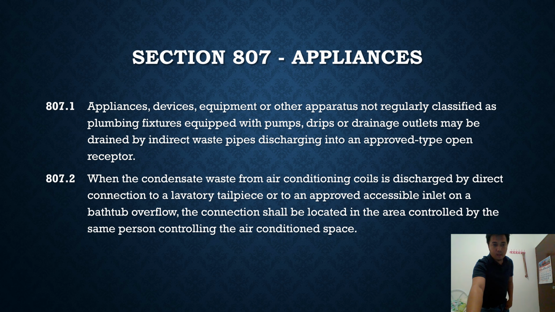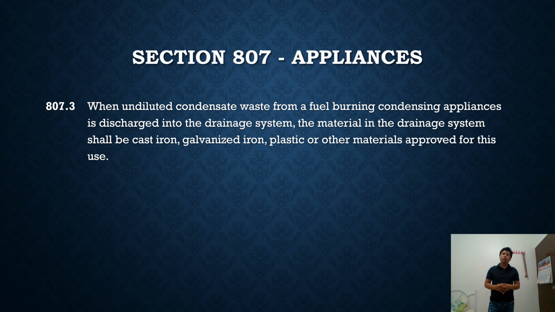When undiluted condensate waste from fuel burning condensing appliances is discharged into the drainage system, the material in the drainage system shall be cast iron, galvanized iron, plastic, or other material approved for this use.